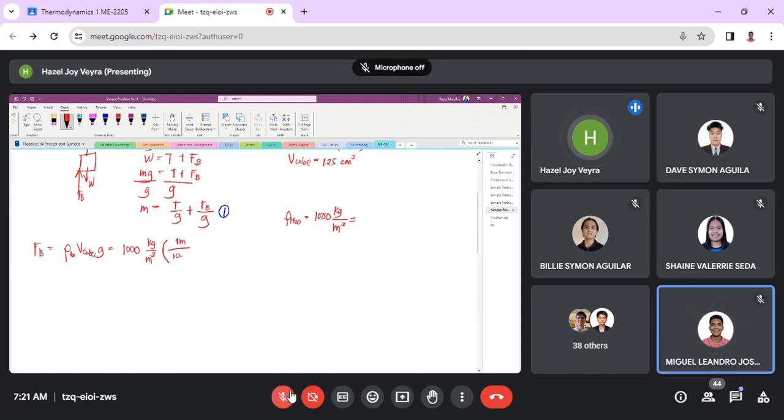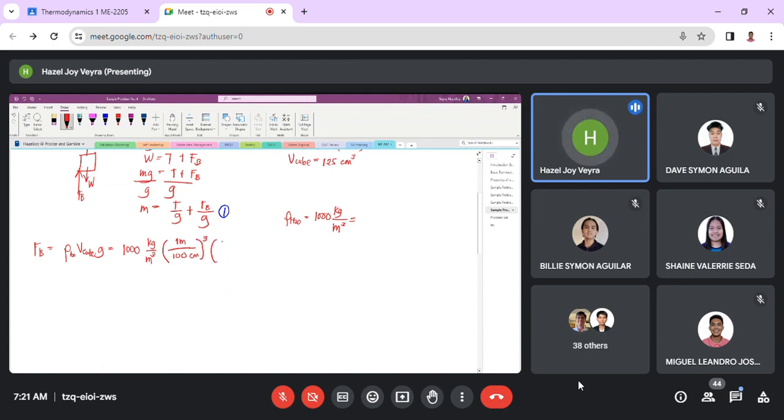We have, correct, 100 centimeter. So don't forget the cube. And then for the kilogram, we have 1,000 grams per 1 kilogram. So this is for the density pa lang.